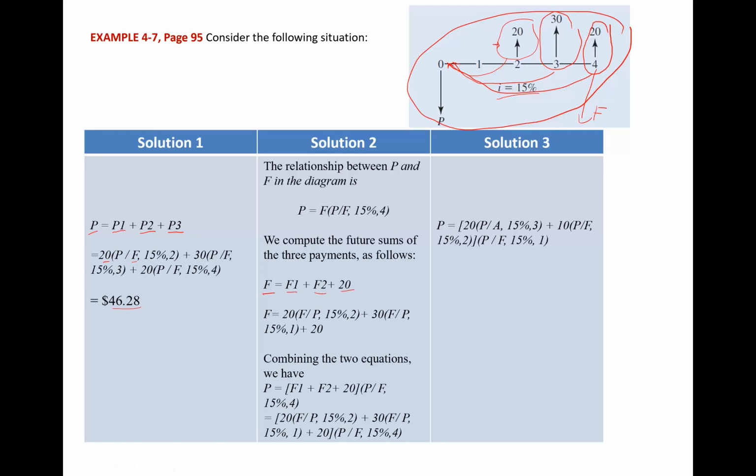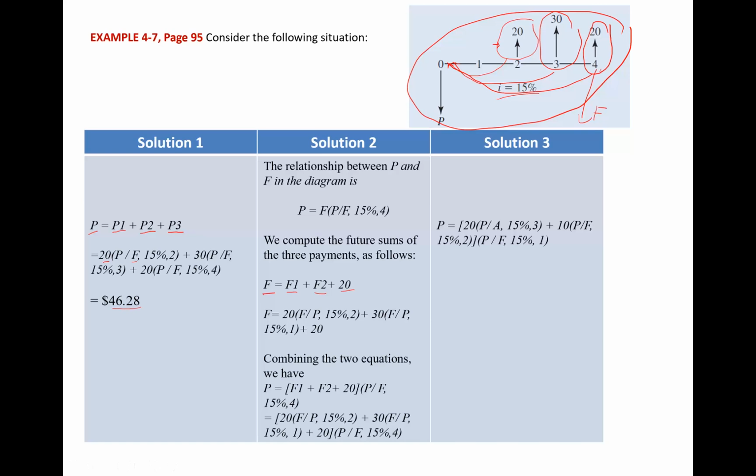So F will be 20, looking for F given P, 15%, 2 years. This is for the first 20. Then we have 30, looking for F given P, 15%, 1 year, plus 20, which is considered as the future value.